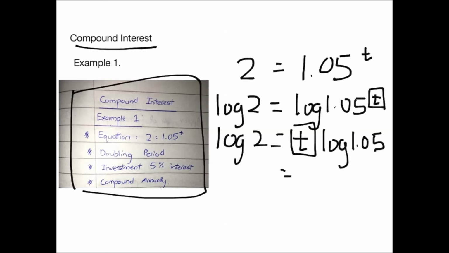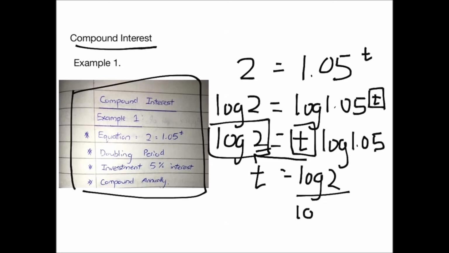So we kick it over to the opposite side, and then we replace it with the log 2, so it's going to be t equals log 2 divided by log 1.05. So that's the final answer.